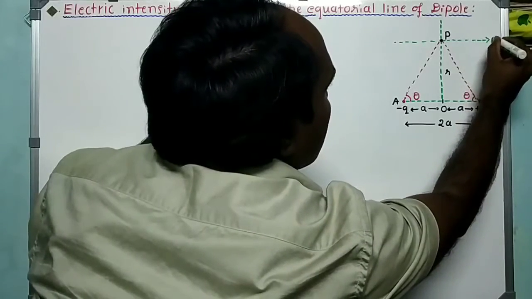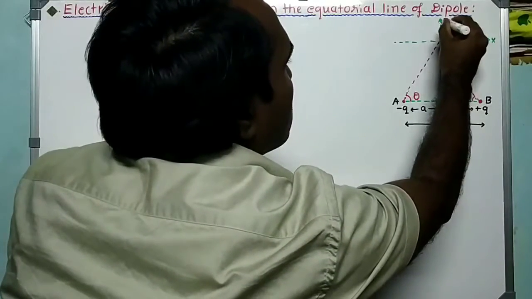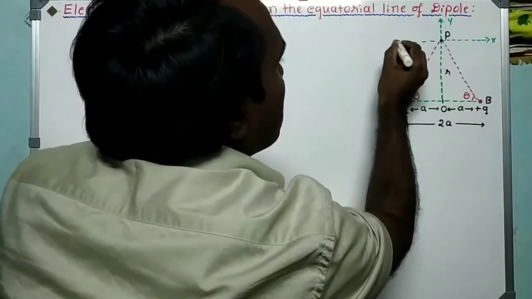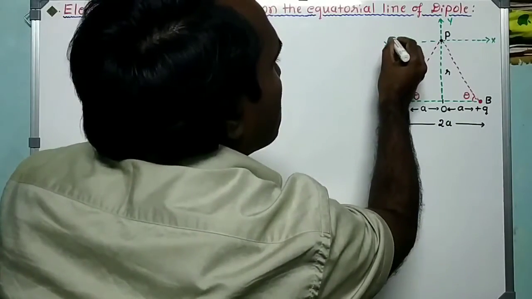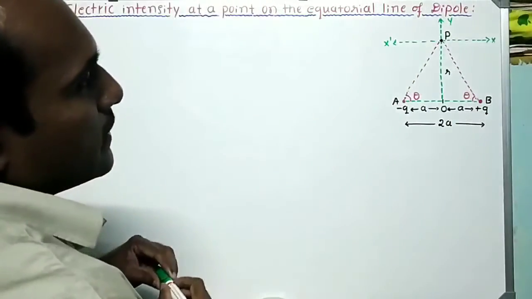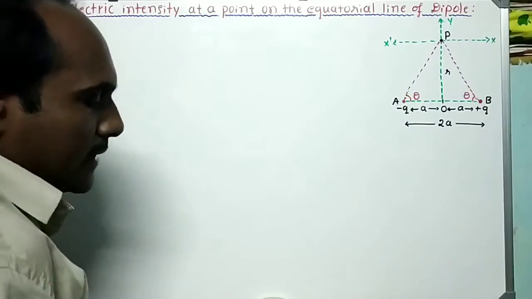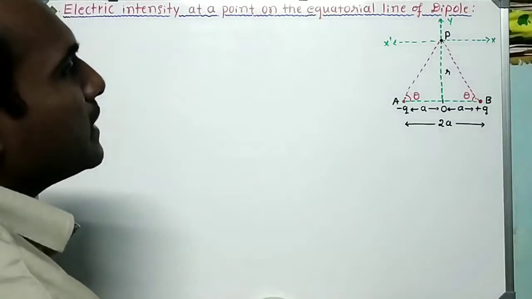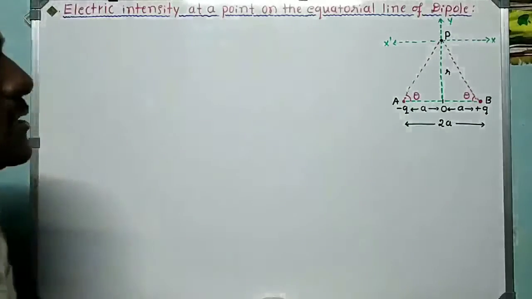This is x and this is y, this is x dash. Getting the idea? Now, electric intensity at point P due to negative charge is what?